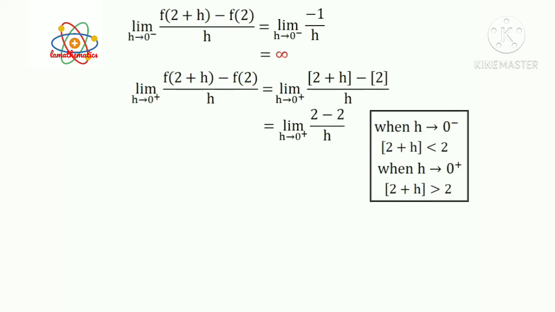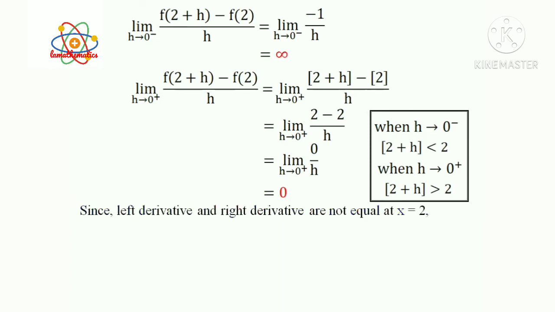Limit h tends to 0 plus (2-2)/h equal to limit h tends to 0 plus 0/h equal to 0. That is, left derivative equal to infinity, right derivative equal to 0. Since left derivative and right derivative are not equal at x equal to 2, the function is not differentiable at x equal to 2.